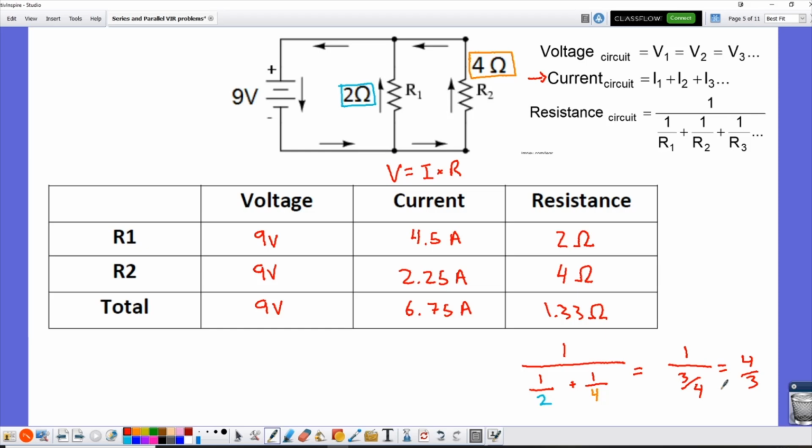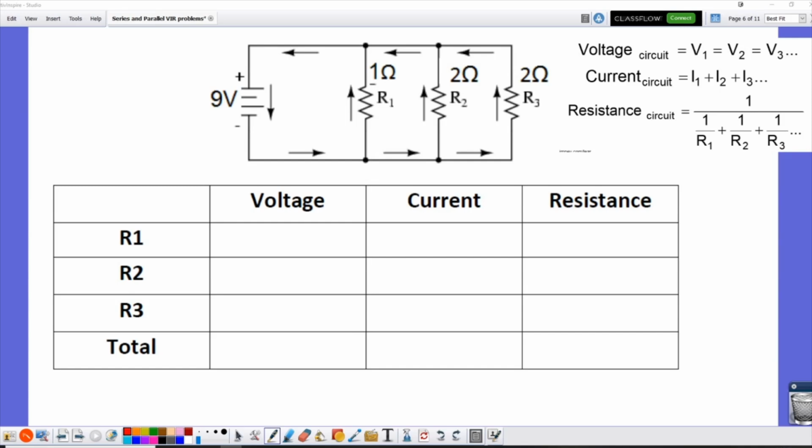In case you're curious of how to type this into a calculator, instead of doing 1 divided by 3 divided by 4 and having to put in all those parentheses, another way you can do it is if you did 3 divided by 4 and did the entire thing to the -1 power. Doing it this way will also give you the same answer, whether it will give you the fraction 4/3 or it'll give you the decimal 1.33.